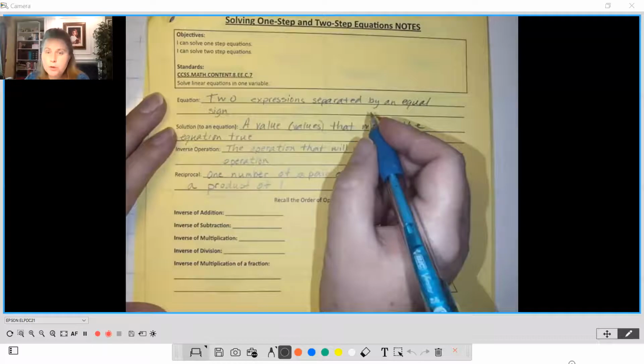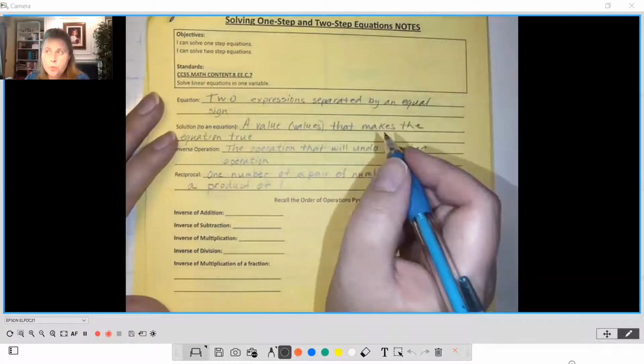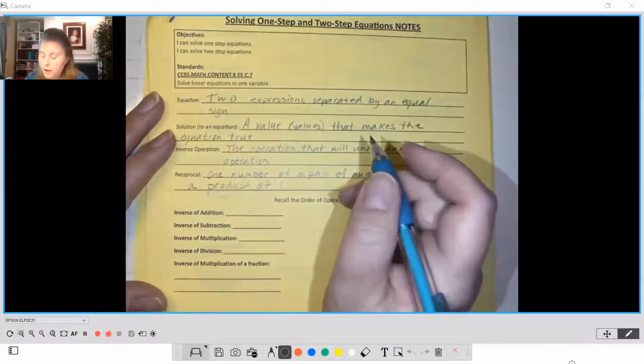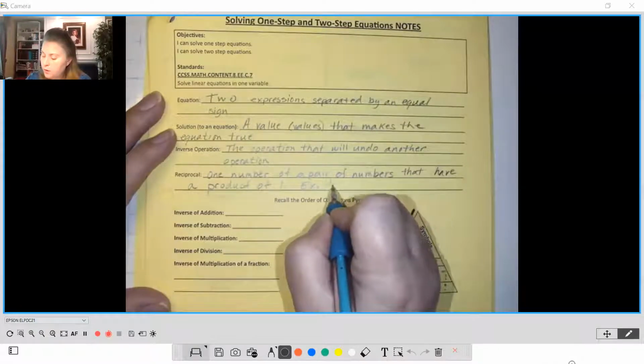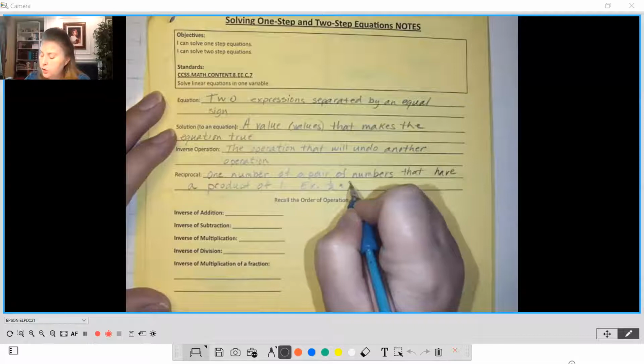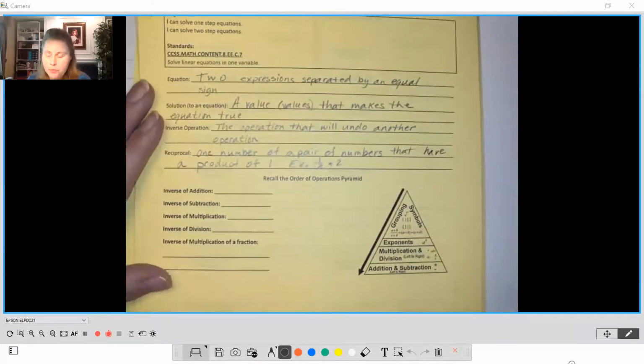Okay, so for example, we would have 1/2 and 2 over 1, or 1/2 and 2 would be reciprocals. 1/2 and 2 are reciprocals.